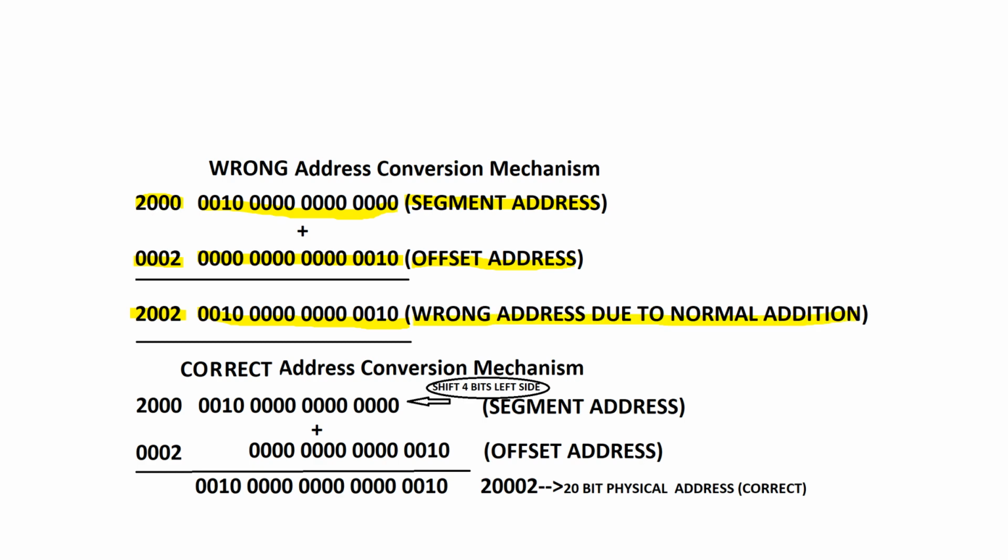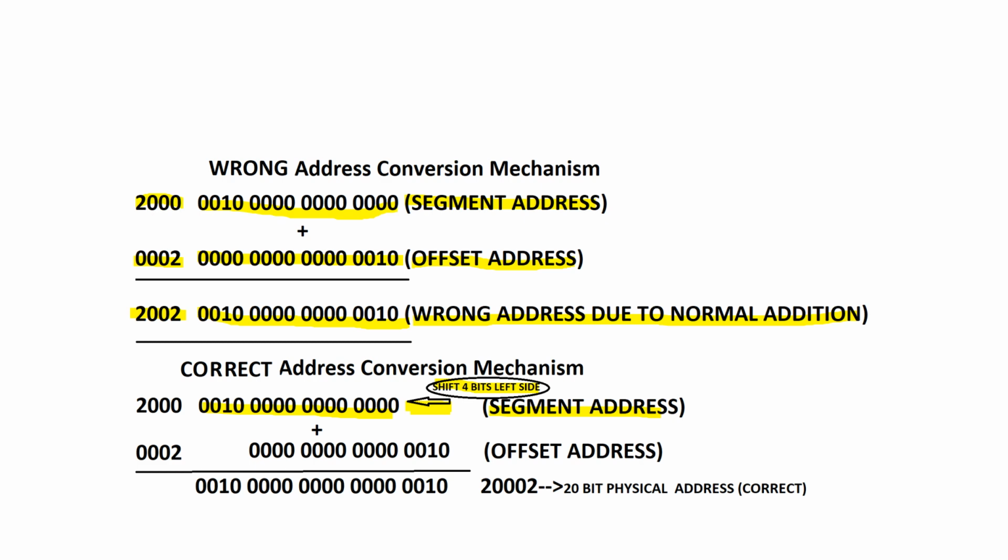Actually, the address conversion mechanism in the architecture does this kind of addition differently. The segment address 2000 is shifted towards the left by 4 bits, so that the LSB portion will be vacant.